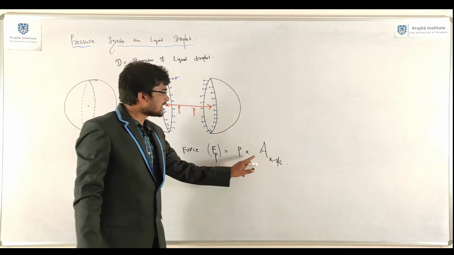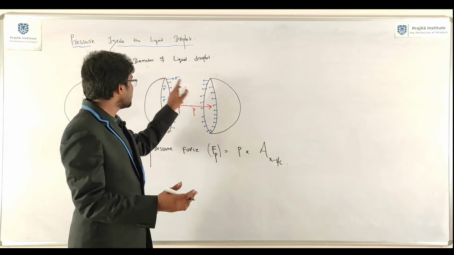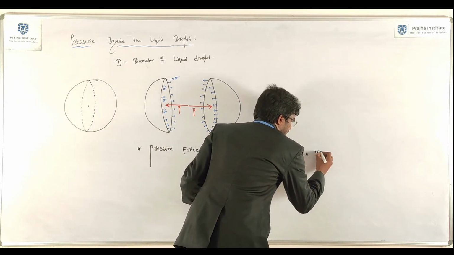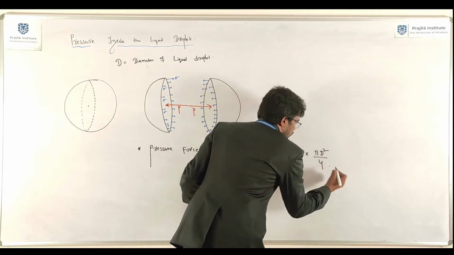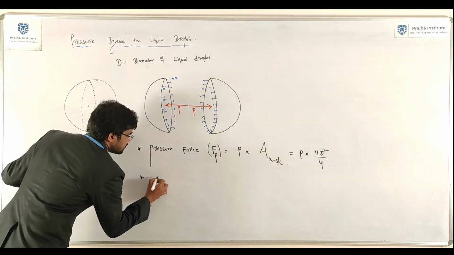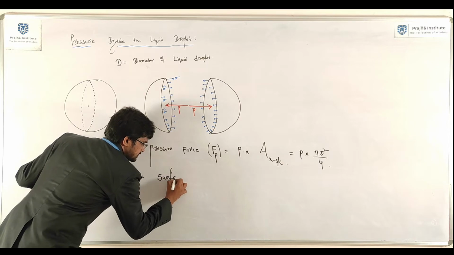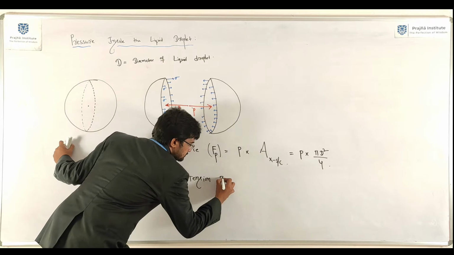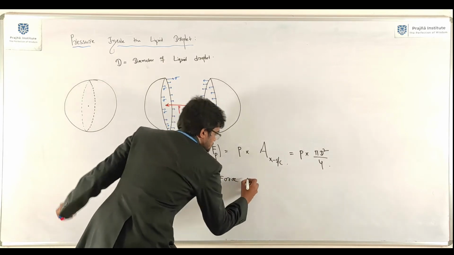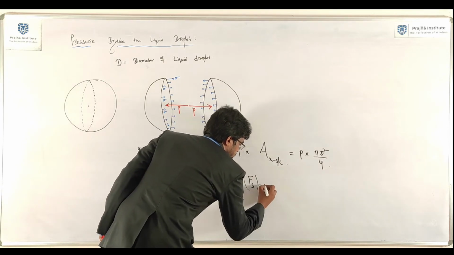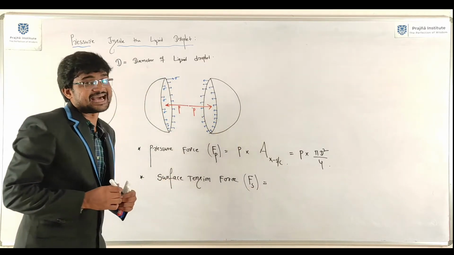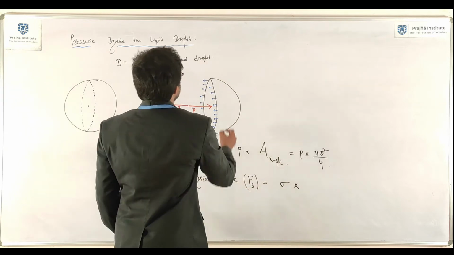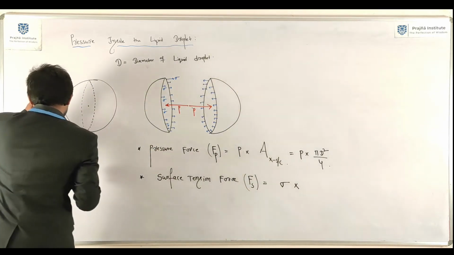That is P into pi d square by 4. Next, surface tension force. It is tensile in nature: sigma into, here, surface tension.